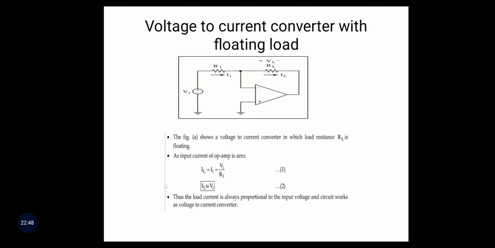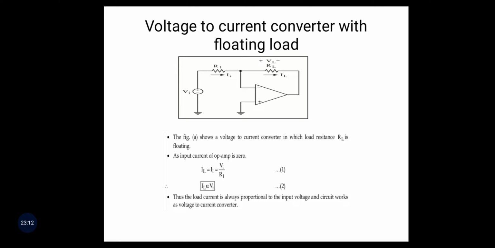Here IL is proportional to Vi because R1 is a resistor with a constant value.